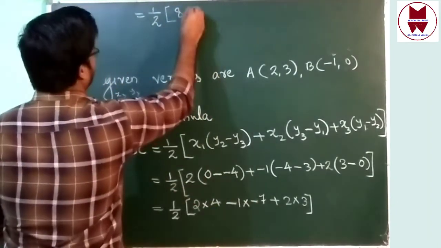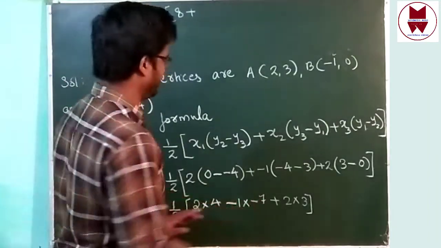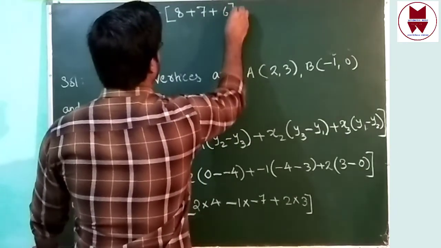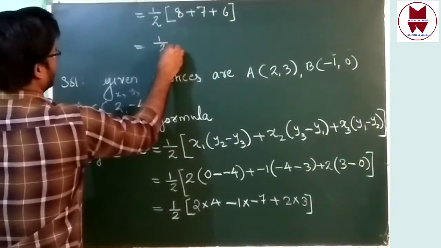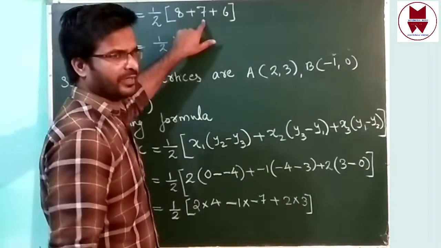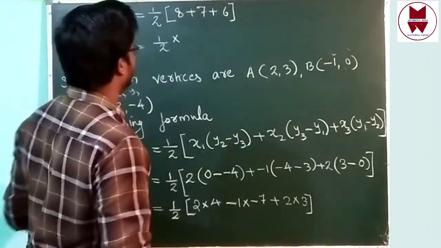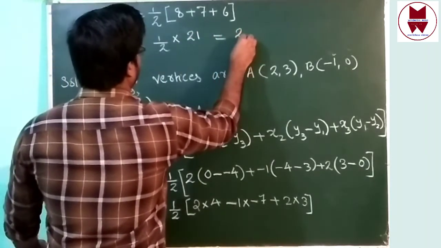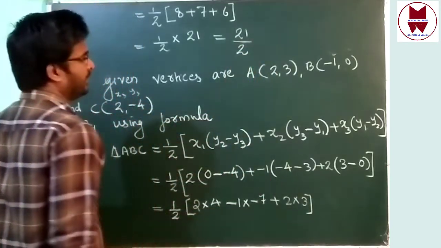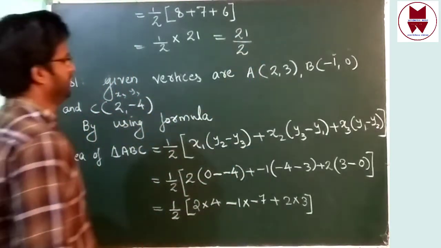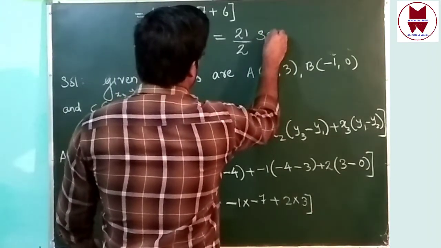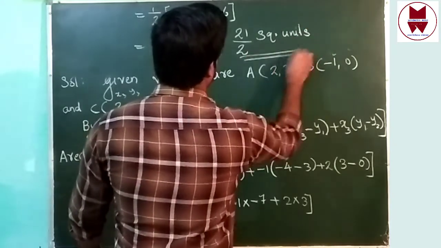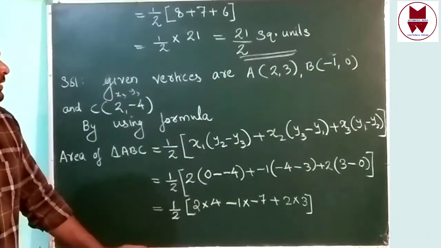Then minus, we can write plus 1 into 7, that is 7. Plus 2 into 3, that is 6. 1 by 2 into (8 plus 7, 15 plus 6), that is 21. And 1 by 2 into 21 we can write as 21 divided by 2. This is the area of the given triangle. The unit will be square units because it is area. Area is always in square units. That is our answer.